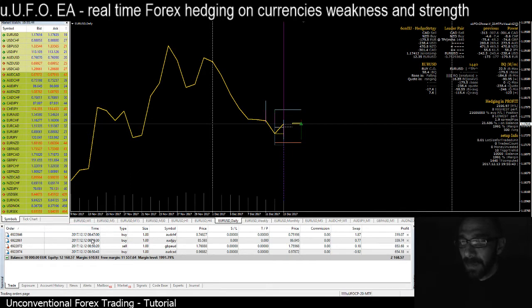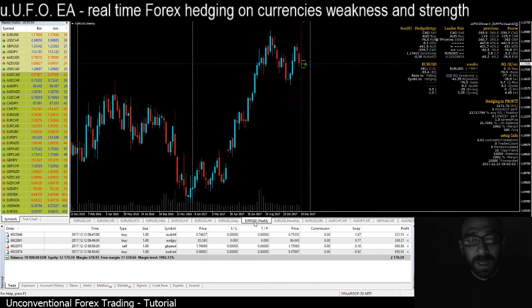Tuesday morning, the 12th, as you can see here, to compare the values analyzed on a daily basis and on a weekly basis as well, about how to hedge Australian dollar, which was strong, against some currency pairs that appeared weak.